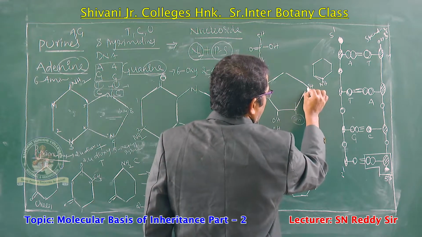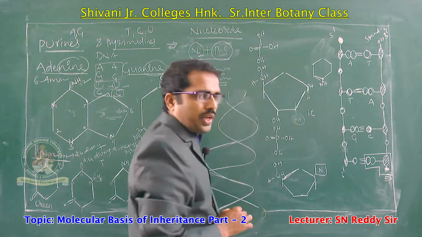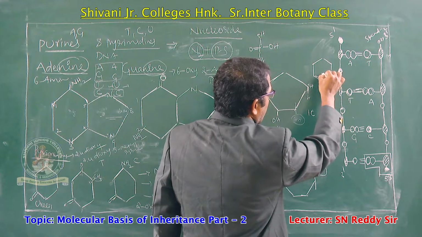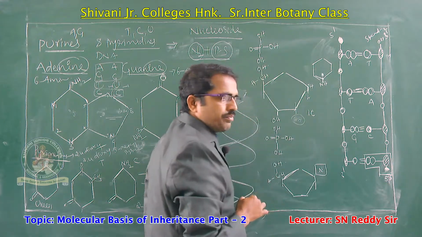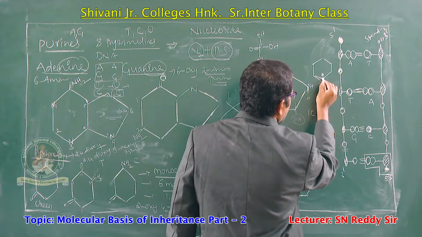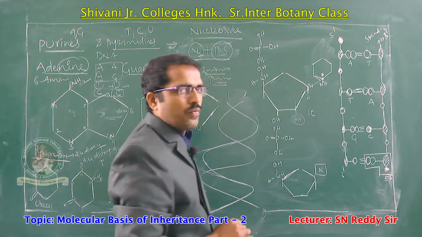The first carbon of the pentose sugar and the first carbon of the nitrogen base, that is the pyrimidine. In between these two, there is a bond formation by the elimination of water.